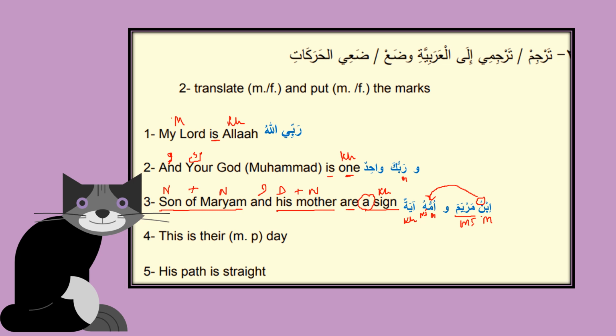The fourth one, this is their day. So after "is" is a khabar, and this is a mubtada. So we flip it and let's see what is our answer. Hadha yawmuhum. So you can say yawmu is having a dhamma since it is a khabar, and hadha is a mubtada.